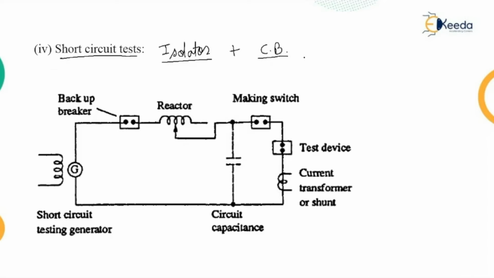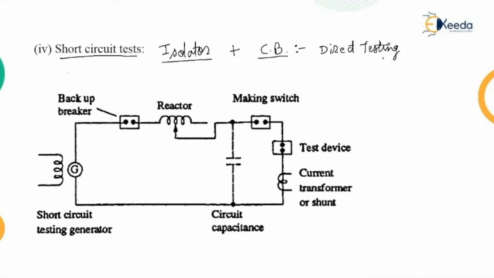Now, we are going to study the test referred to as the synthetic test, that is, direct testing in the network or in the field. So the first test is called direct testing.